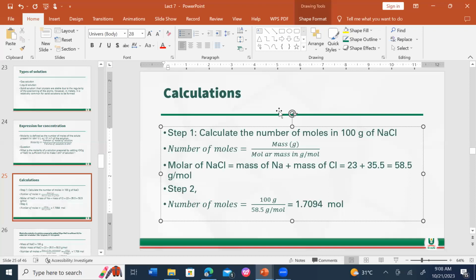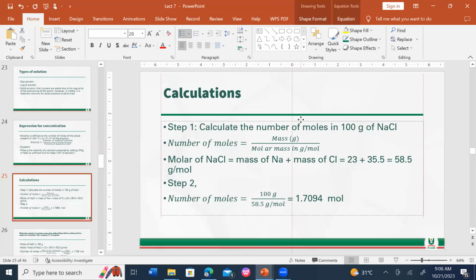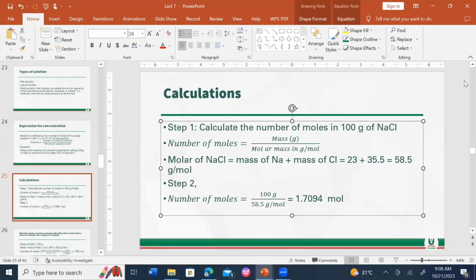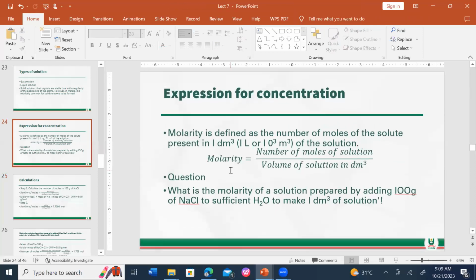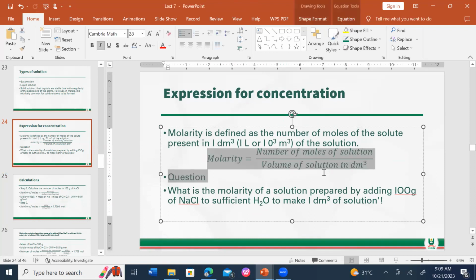Therefore, to prepare the solution, the question was, what is the molarity of the solution? That means the number of moles divided by the volume. So molarity is the number of moles divided by volume. And the volume given here, when you look at the equation, is 1 dm cube.